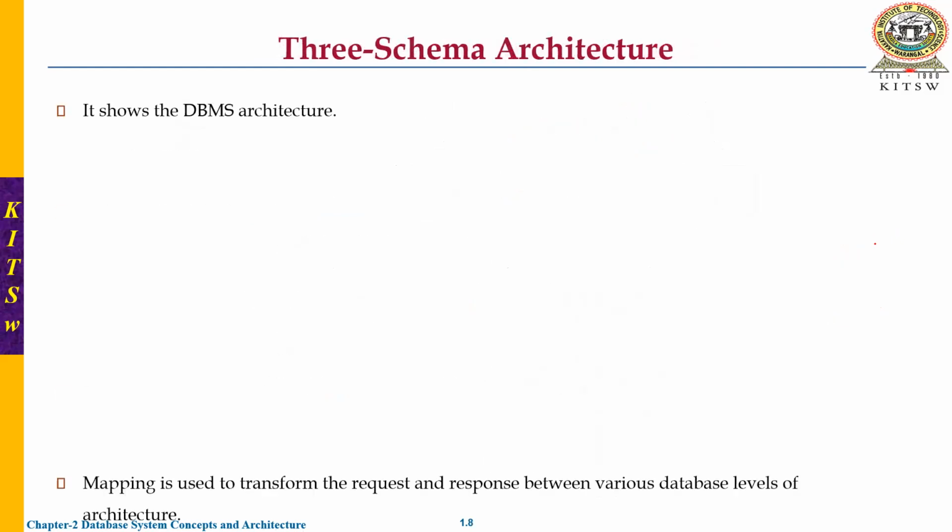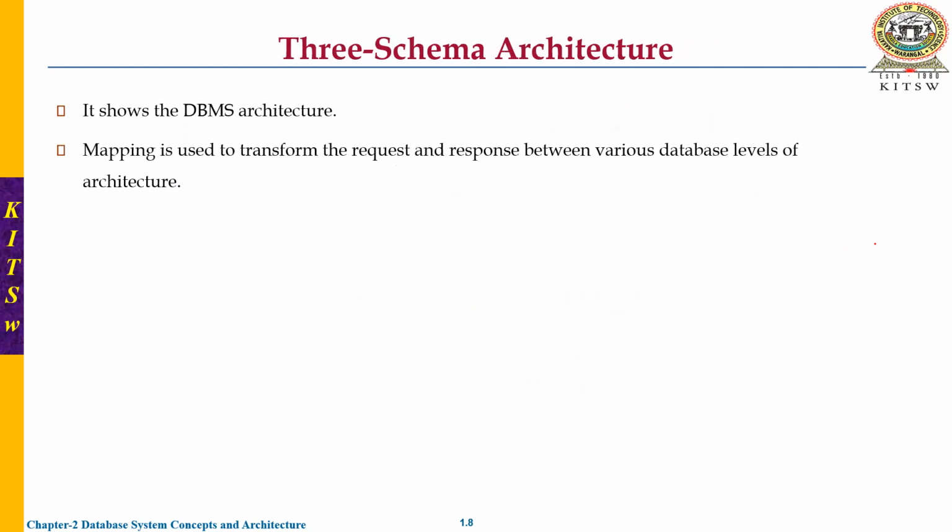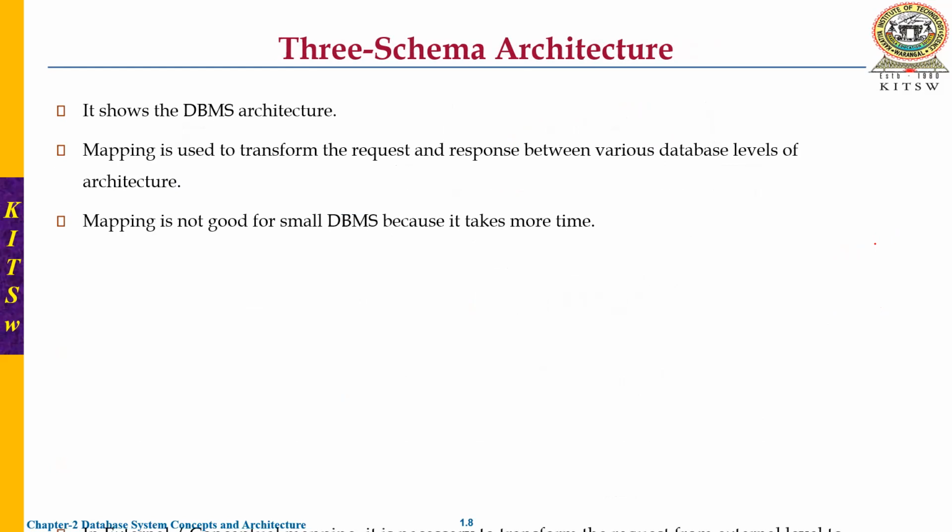Three schema architecture mapping is used to transform the requests and responses between the various database levels of architecture. Mapping is not good for small DBMS because it takes more time.